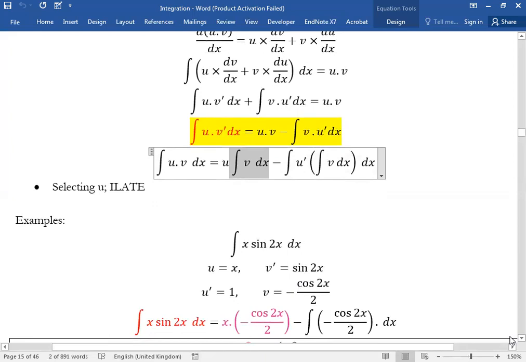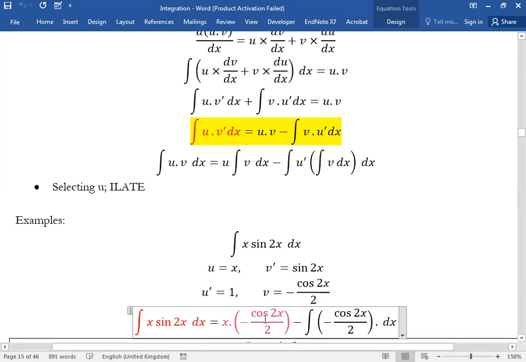Just by doing this, remember the integration is not complete. This is just the first part where you are breaking it down into two things. You are saying u multiplied by the integral of v dash, or the integral of the other function, which is technically v, minus the integral of the derivative of u, which is 1, and v, which is negative cos 2x upon 2.